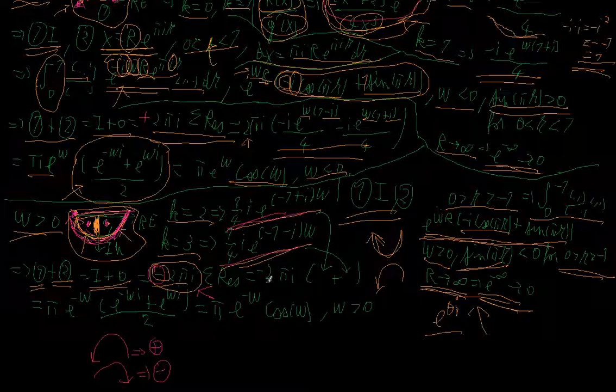And so now we multiply minus 2 pi i by the sum of those two residues. Again we can rearrange it, and we get pi e to the minus omega times e to the minus omega i plus e to the omega i over 2, and that is equal to pi e to the minus omega times cosine of omega, like in the first case.